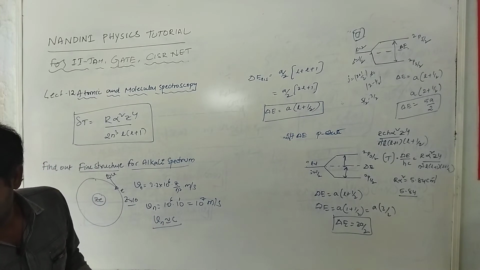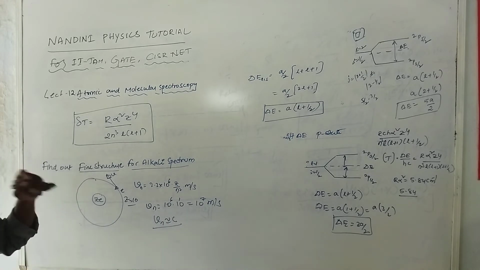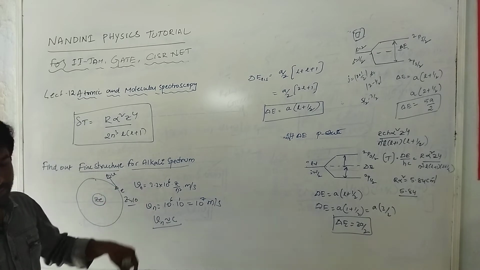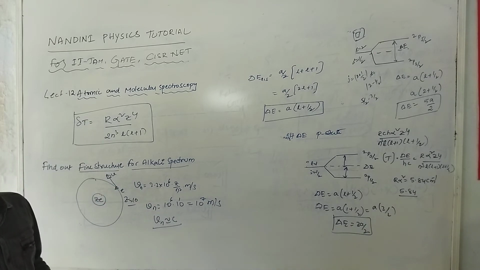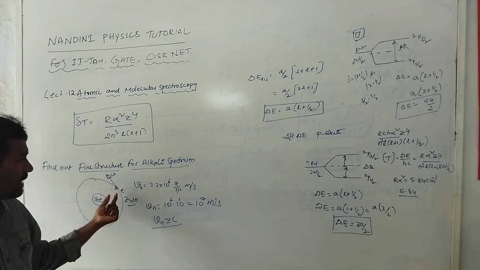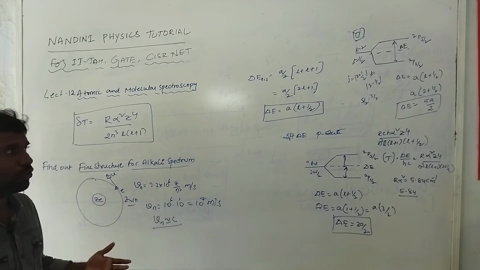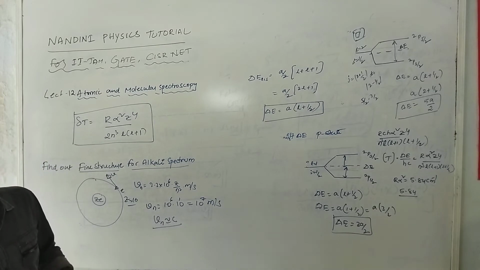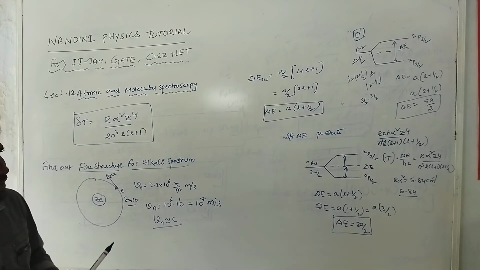Therefore, if these electrons are treated as relativistic, theoretically this is considered a relativistic particle. So according to relativistic particle theory, the energy will be changed.